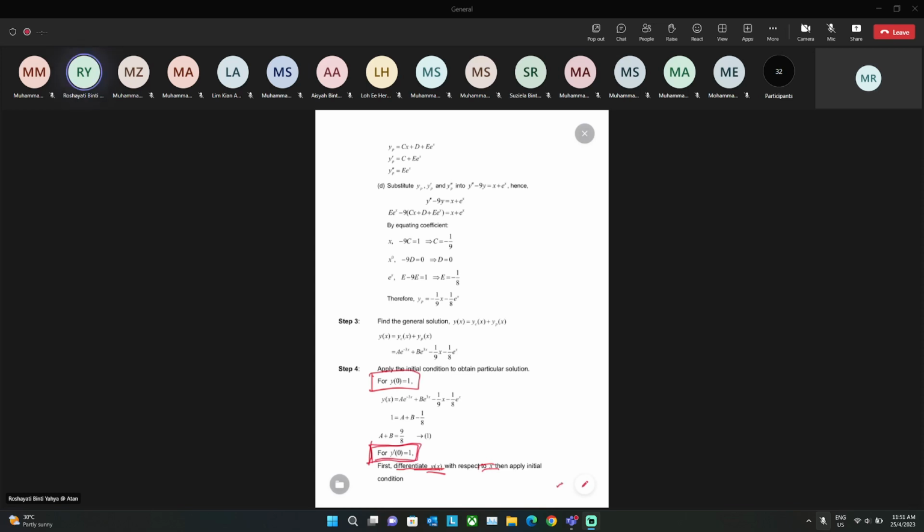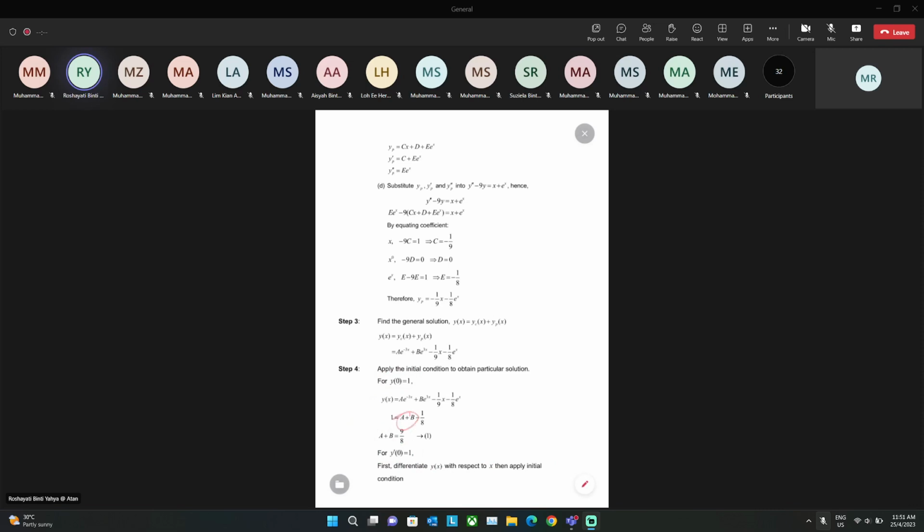This is especially for when you have two or more constants. If you have only one constant, you will straight away get the value. Because you have two constants, right?